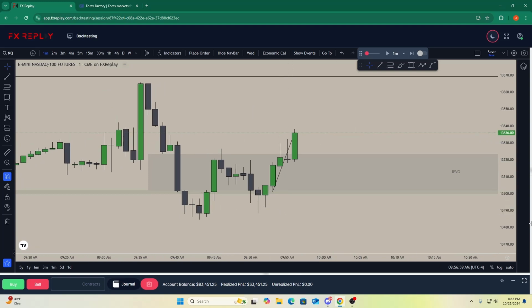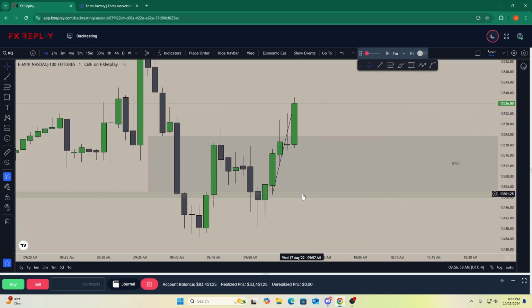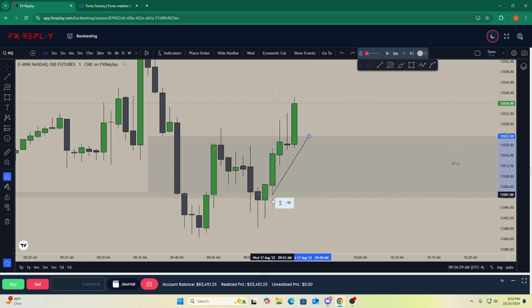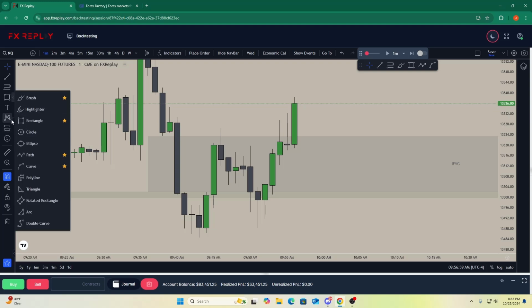I think I'd have stops. I'm just trying to see if I take it here, whether or not I want to have stops at this fair value gap below.